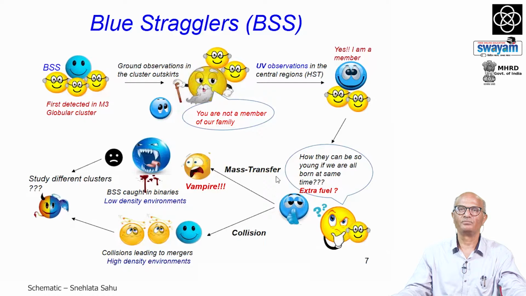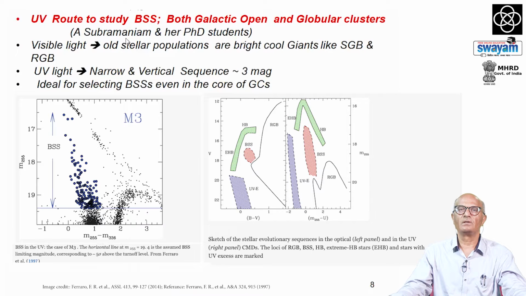As I mentioned, it is Annapurni Subramaniam and her PhD students. In fact, this project is led by them, and we can call it the ultraviolet route to study blue straggler stars, both in galactic open and globular clusters. We have obtained one project for her group, where I am also PI.